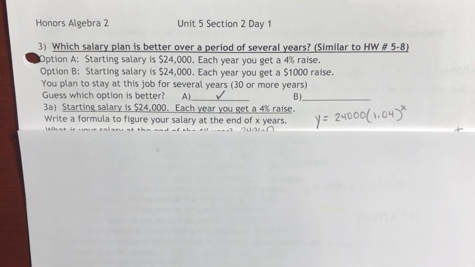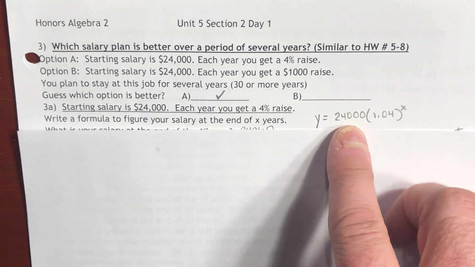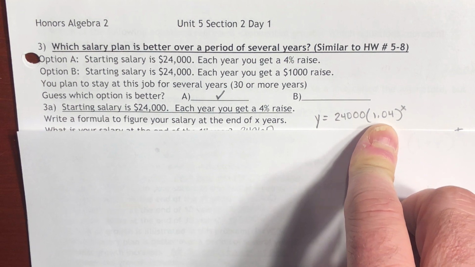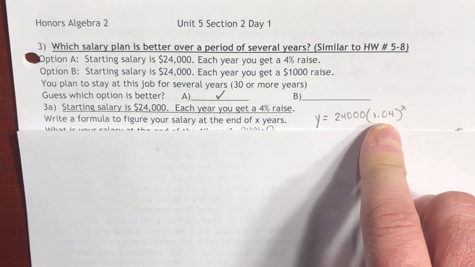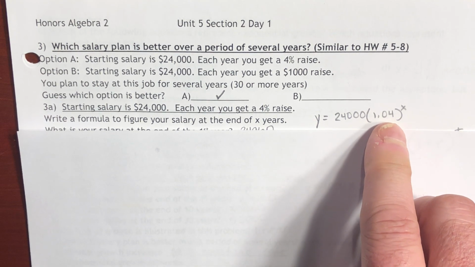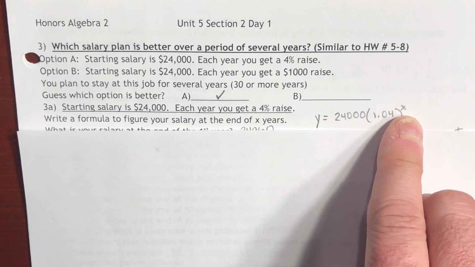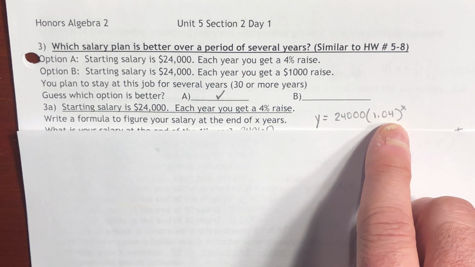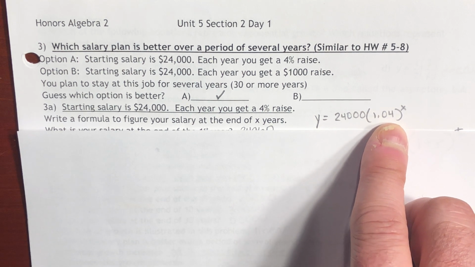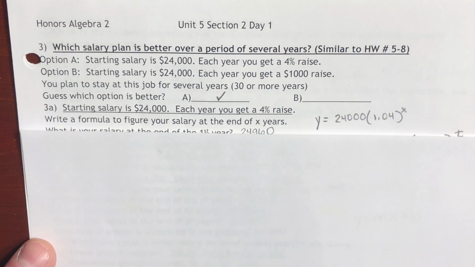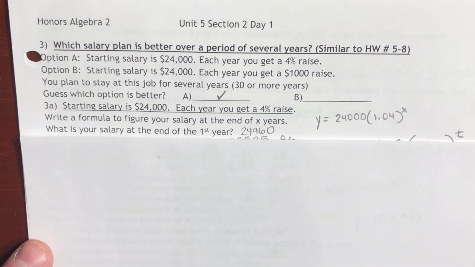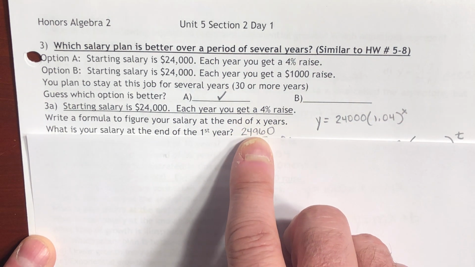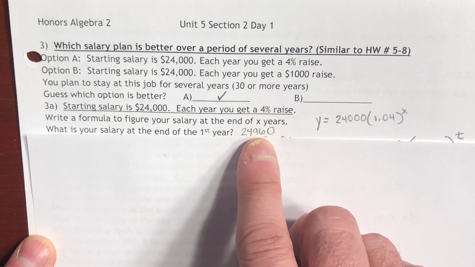Y equals our amount, 24,000, times 1 plus R in the parentheses, raised to the T. Well, this is an X for right now. 1.04 is 100% plus 4%. So at the end of the first year, you would get $24,960 for that next year.